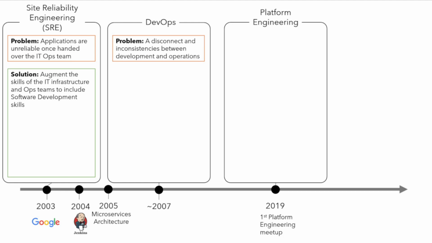This time, the problem that needed to be solved was pretty much the same problem but framed differently. The problem was that there is a disconnect and inconsistencies between development of software and operations.